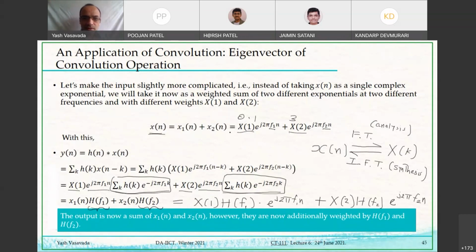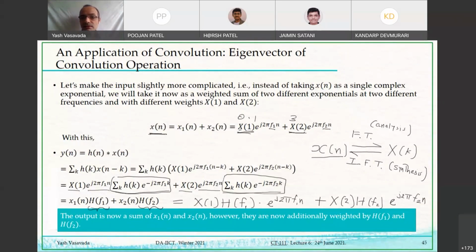But remember, the multipliers of these complex exponentials are what we are calling the Fourier transform of the sequence x of n. If I take this sequence x of n and want to know what the Fourier transform values are, then I will have to determine these weights, or multipliers, or scalars that are affecting each of these complex exponentials.